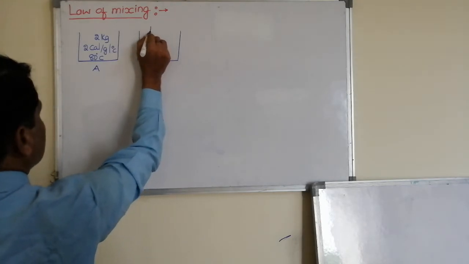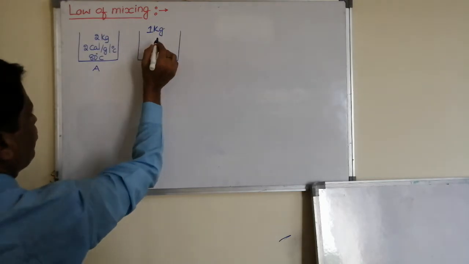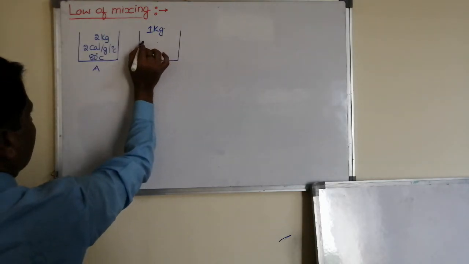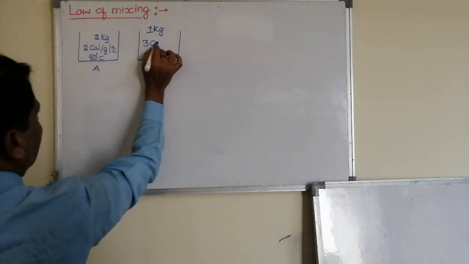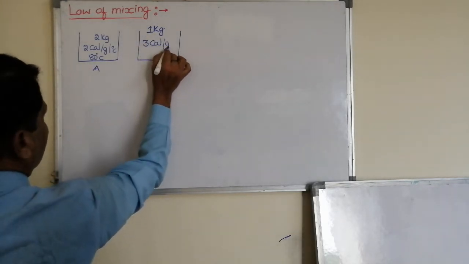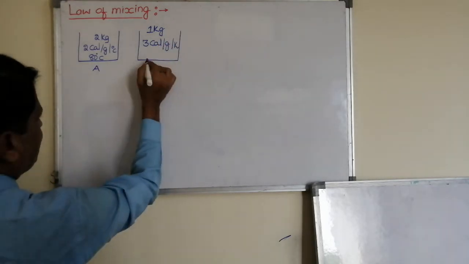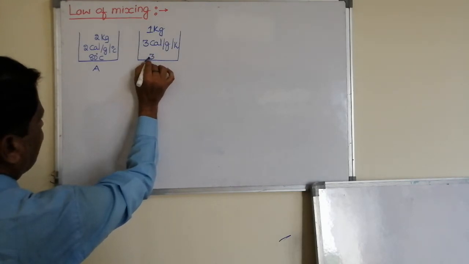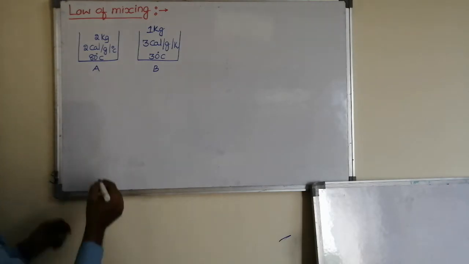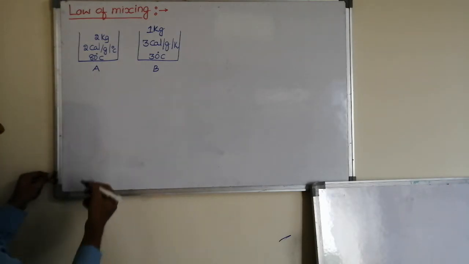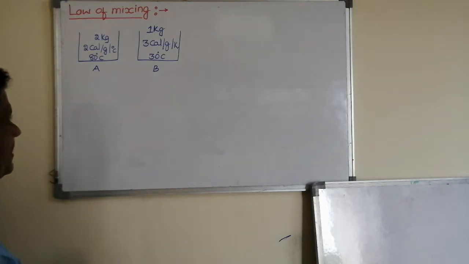Second, this body has mass 1 kg and specific heat, say, 3 calorie per gram per Kelvin, which is at 30 degrees Celsius. The question is, what is the final temperature when we mix these two liquids?